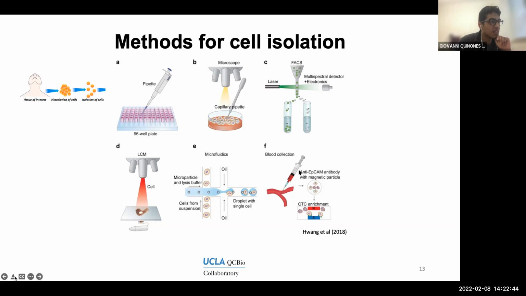Again, at least I haven't seen studies or other technologies using this type of approach. I would just like to highlight that microfluidics and FACS sorting nowadays are the most common ways people use to isolate single cells, and we're going to expand a little bit on microfluidics later on.